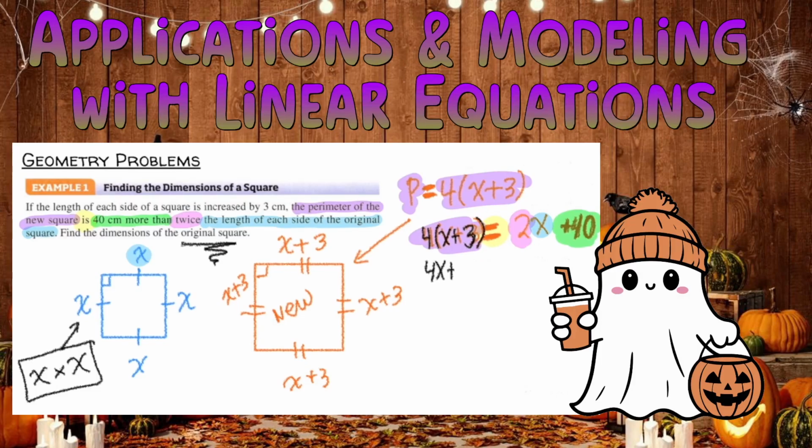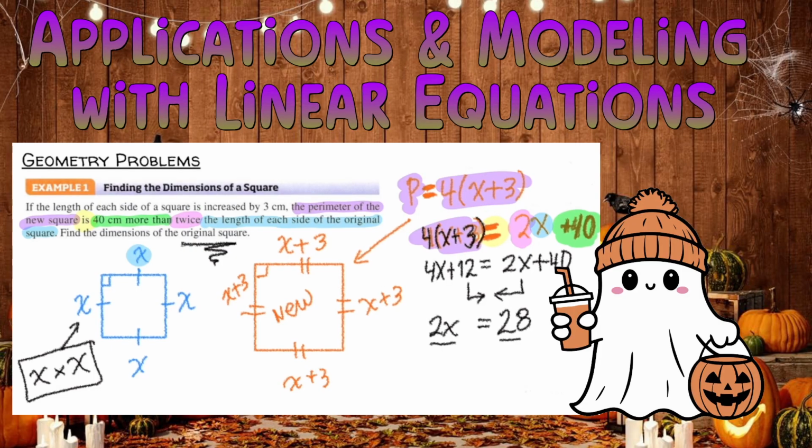4x plus 12 equals. Now this side is just the 2x plus 40, and I'm going to get all my x on one side and all my non-x on the other side. Subtracting 2x from both sides, I have 2x on the left. Subtract 12 from both sides, I will have 28 on the right.